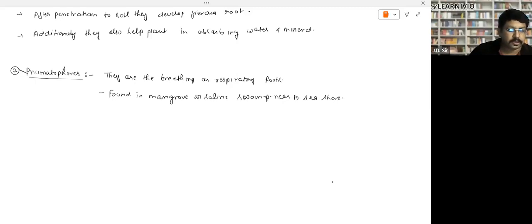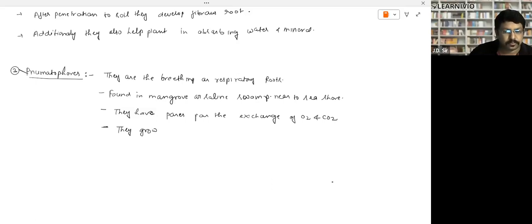Next point. They have pores for the exchange of O2 and CO2. Next point. They grow against gravity.